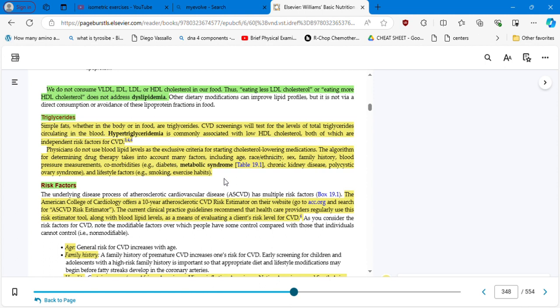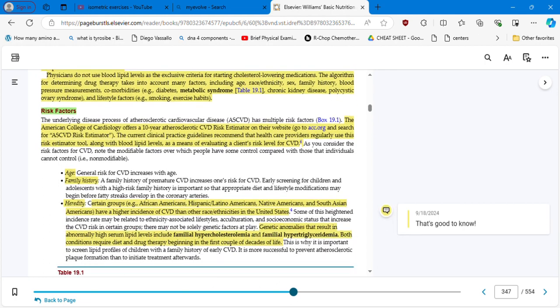I already shared that knowledge with you, but I'm going to repeat it now: chronic kidney disease or polycystic ovary syndrome. So in order for the PCP to start treatment, he's going to consider all these factors.